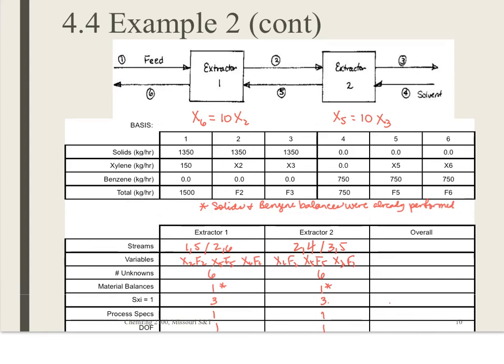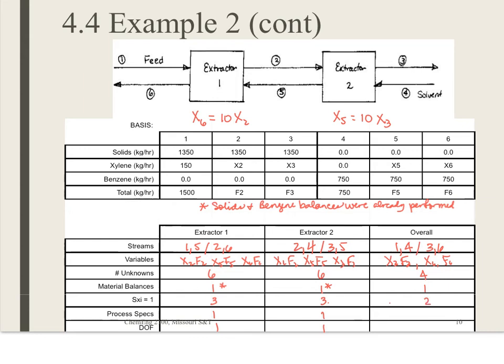So what about the overall? Well, I have streams 1 and 4 that come in, and streams 3 and 6 exit. Streams 1 and 4 have no unknowns, but I have x3 and f3, x6 and f6. So I have 4 unknowns. Material balances, again, I have the xylene balance that I can still do.